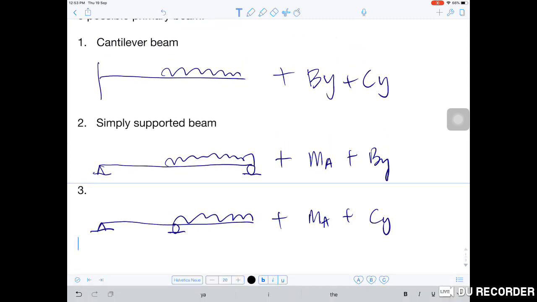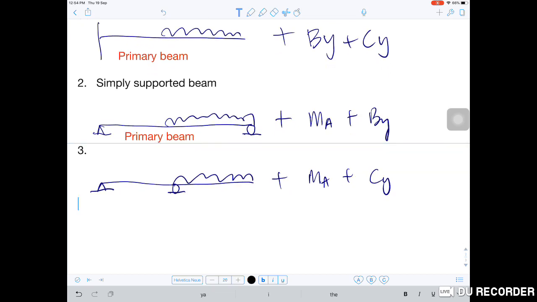All of this is the primary beam, as well as this.